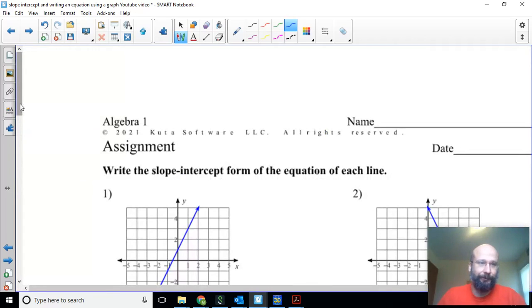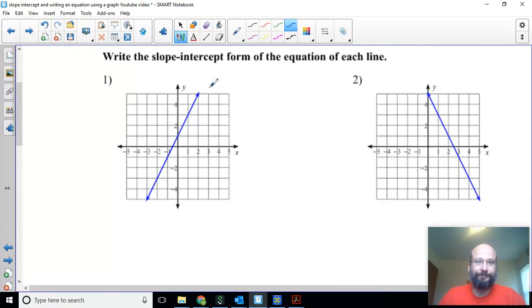So if we have an example like this, let me zoom in so we can see it. We need to find our slope and we need to find our b. The b is going to be easy to find. It's going to be right here. That's 1 on the y-intercept. Then to find the slope, we'd have to pick another point and determine our slope like we did in the last video. A good point, not this one because that's in between them.